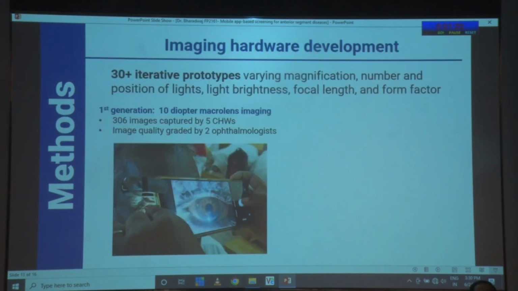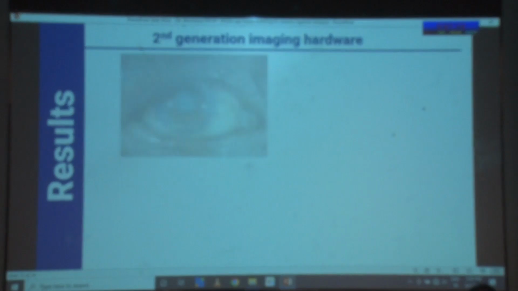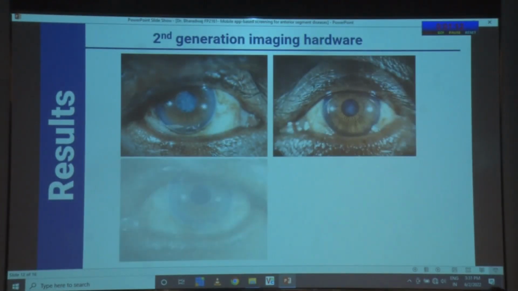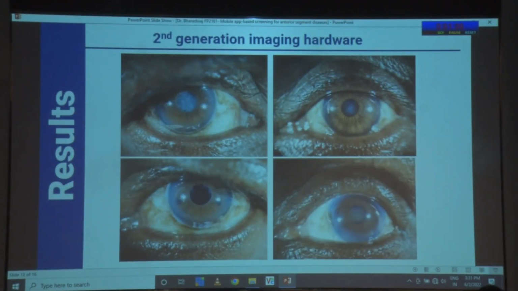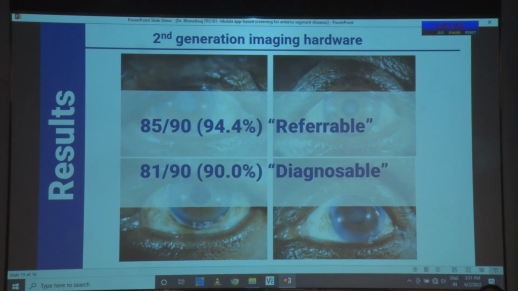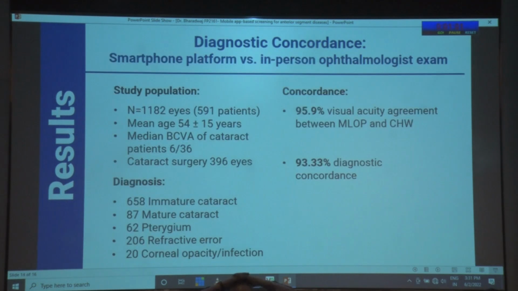These are examples of images with the first generation camera, and these are examples with the second generation camera, which are very reliable, with about 95% diagnostic accuracy.